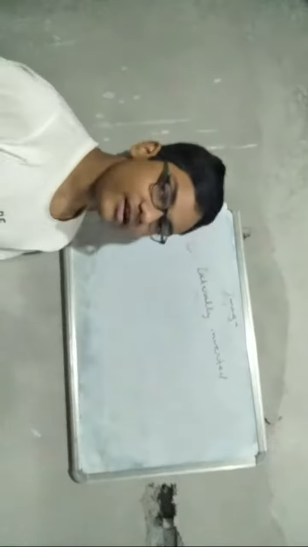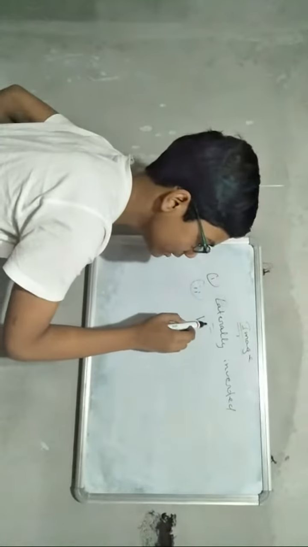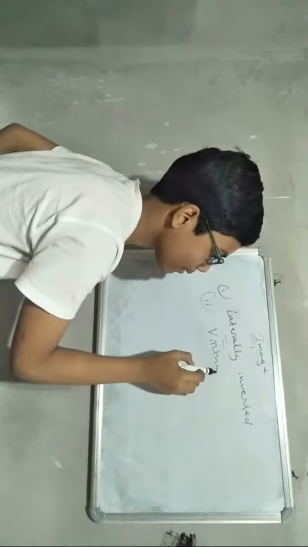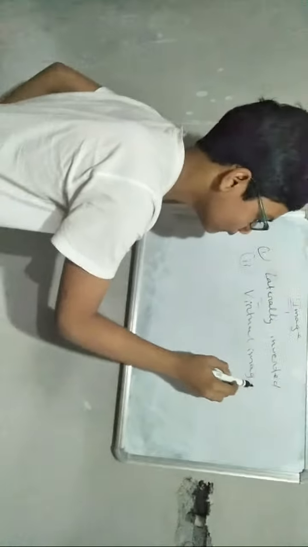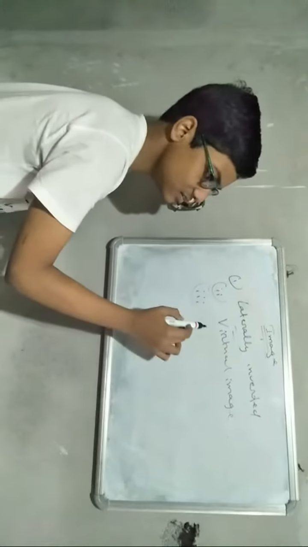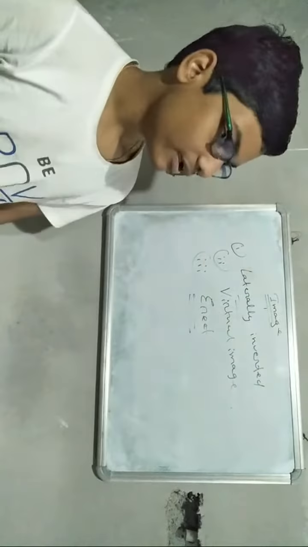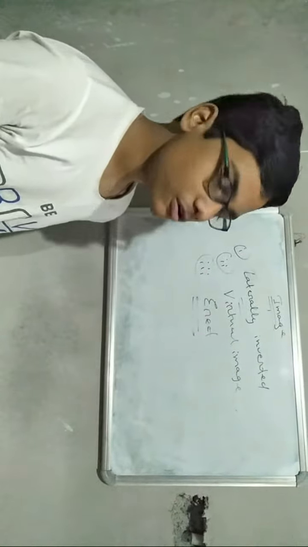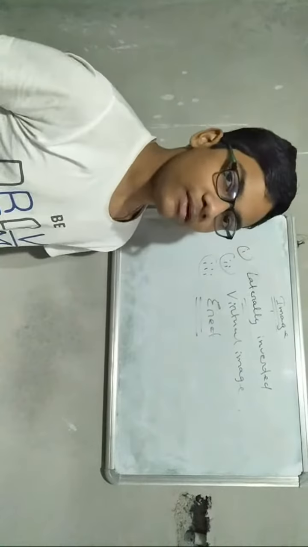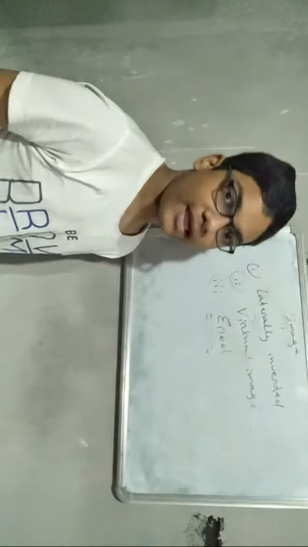I have already told the next one: the image is a virtual image. The third one is that it has to be erect. Now what does erect mean? If we stand in front of the mirror, the image is not formed with the legs upwards and the head downwards.